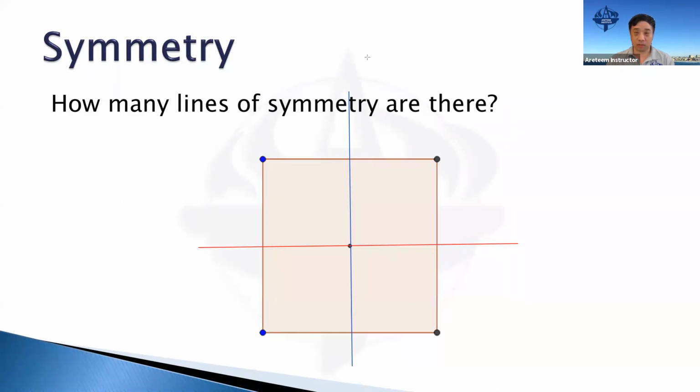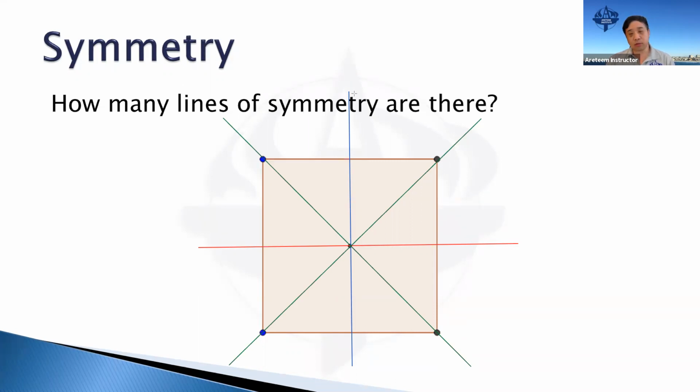Let me draw all 4: the diagonals and the other diagonal. You go in 8 directions, that's fine, but that's 4 lines: 1 horizontal, 1 vertical, and 2 diagonals. So the square has 4 lines of symmetry.